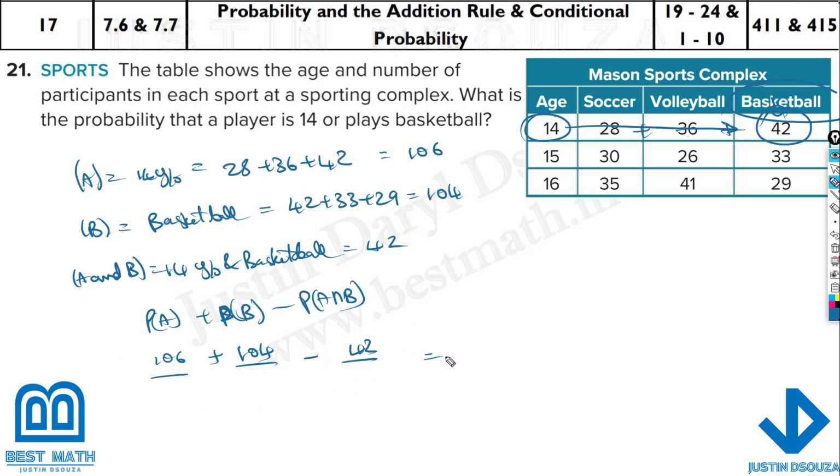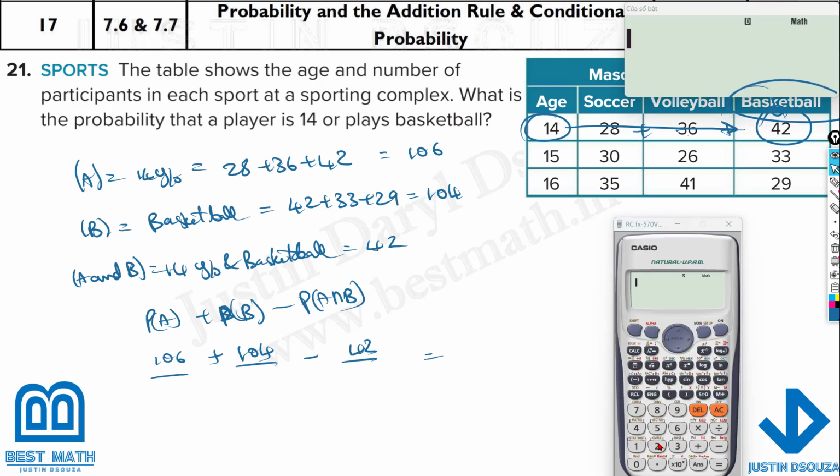Now, whatever you get in the answer, that is probability of A or B, that is 14 years old or basketball. It will be 28. Don't repeat any box twice. 28, 36, 42, 30, 26, 33, 35, 41, and lastly we have 29.